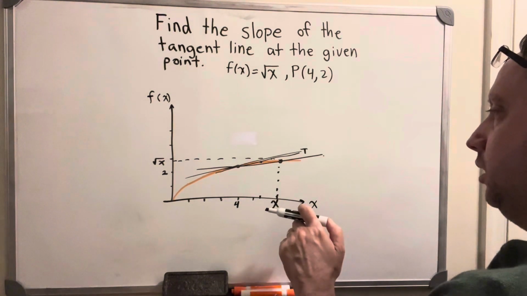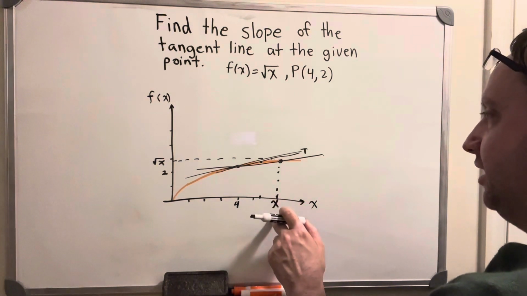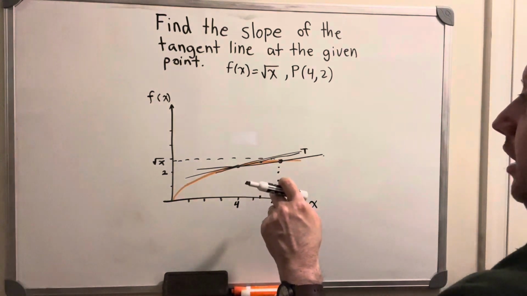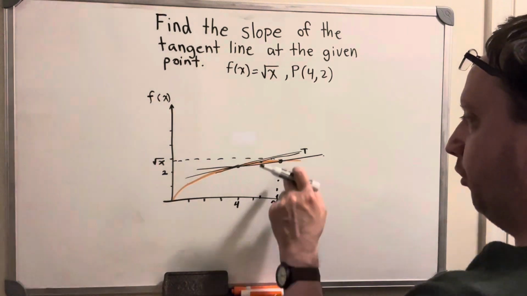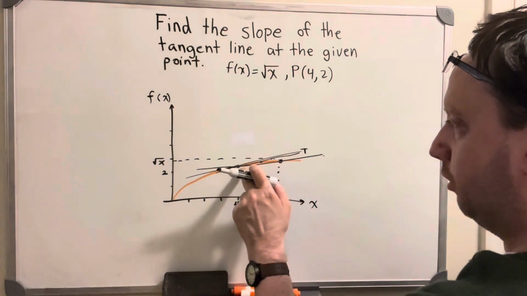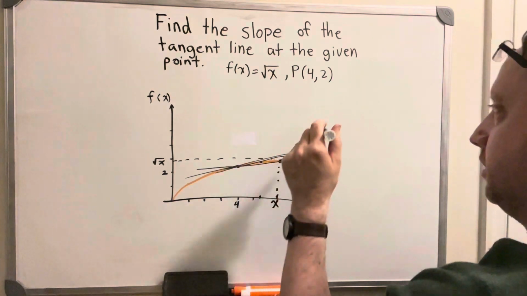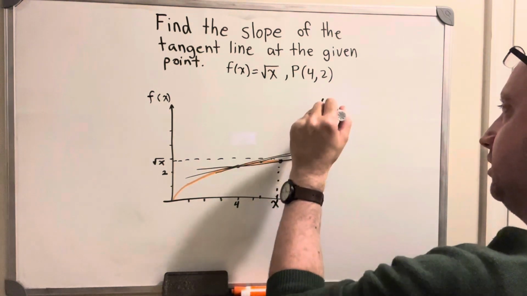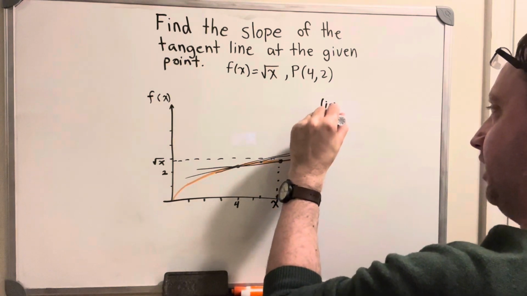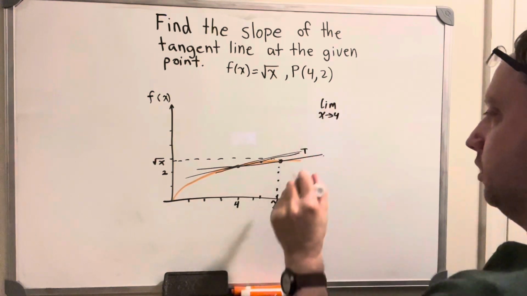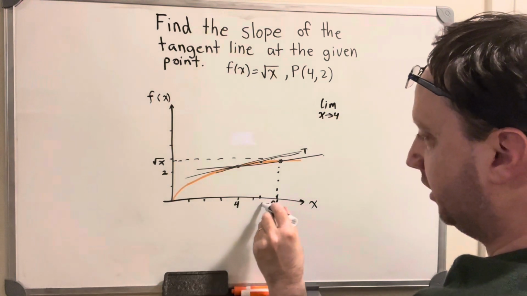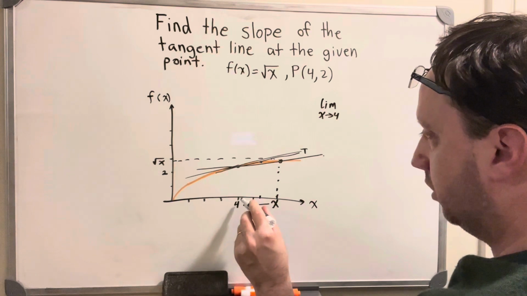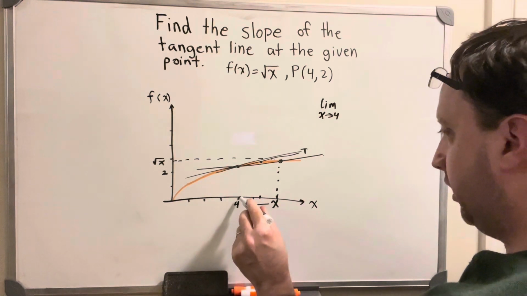So instead of making a limit as x approaches some number, we can make a point approach the point of interest. What we can do is write the limit as x approaches 4. So that means that this x is going towards 4, but never really reaching it.